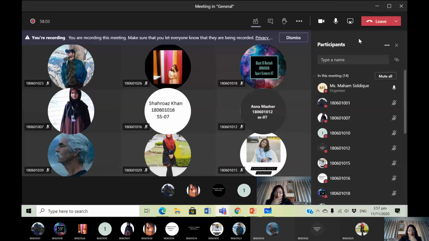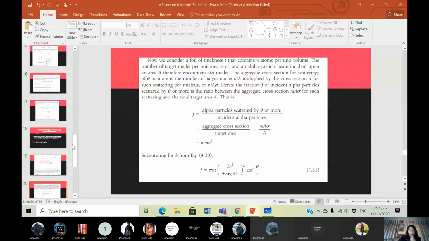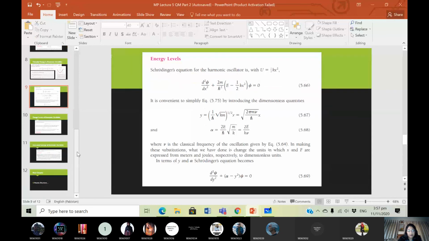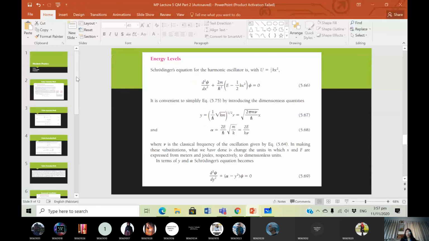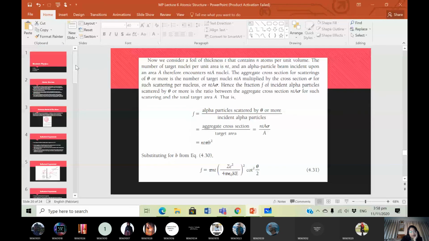And maybe there should be a quiz, but first we should finish this atomic structure topic, and then we should have a quiz, right? Or should we have a quantum mechanics quiz sometime next week? Okay, so for next week, maybe we'll have a quiz. Can we have a quiz on, say, Wednesday next week?